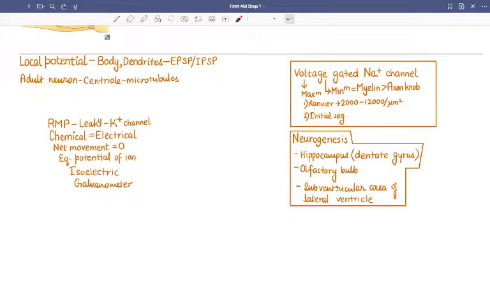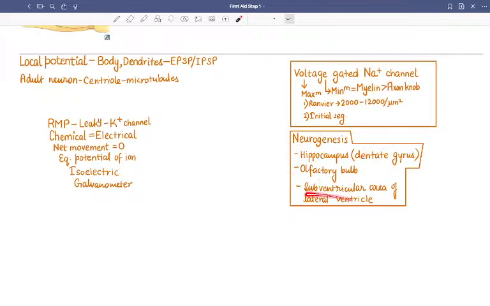Next is neurogenesis: hippocampus, dentate gyrus. Neurons usually do not undergo regeneration, but you can have neurogenesis in the hippocampus, dentate gyrus, olfactory bulb, and subventricular area of the lateral ventricle.